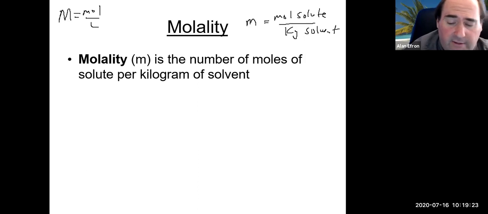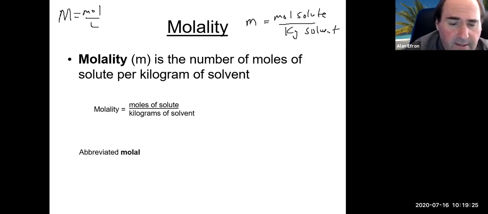Molality is moles of solute over kilograms of solvent, sometimes referred to as molal, like molarity is molar. So again, little m is moles per kilogram of solvent, and big M is moles of solute per liter of solution. One is moles over mass, and one is moles over volume.